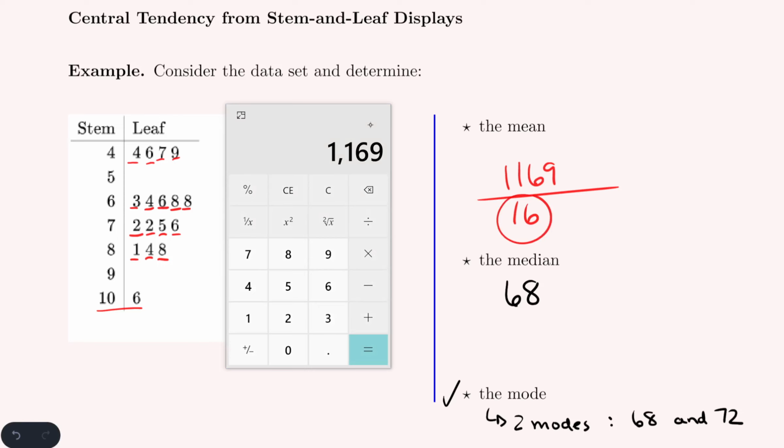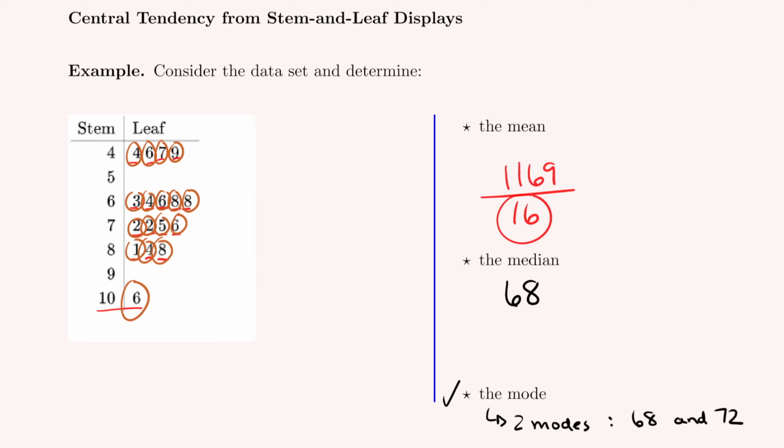We already counted and there's 16 entries, so we'll divide that by 16. Now I apologize for this error. I should have caught it sooner. I just recounted. The number of entries is not 16. You might have already caught this when you counted on your own. Let's recount it together.